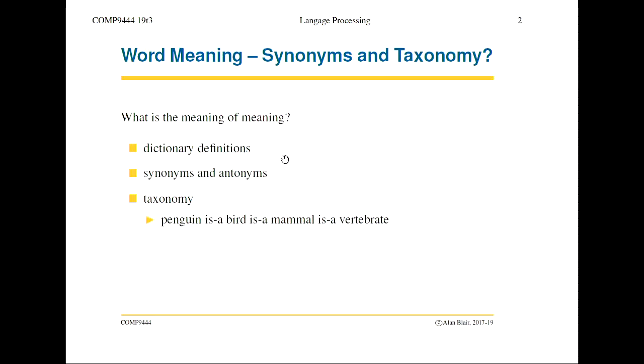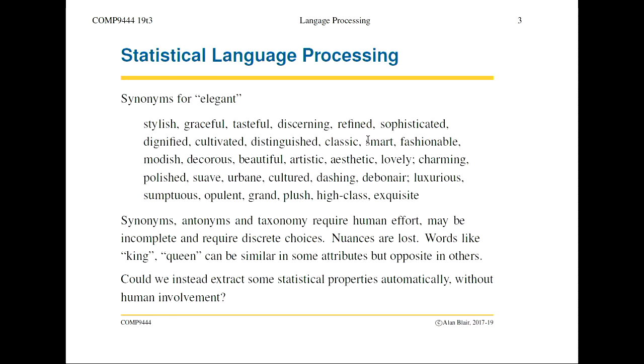These are traditional approaches. Now, what's the drawback with this? The synonyms aren't too bad. These are synonyms for the word elegant: stylish, graceful, tasteful, aesthetic, and so on. That's pretty reasonable. If you had a sentence with the word elegant in it and replaced it with one of these other words, you'd probably preserve the meaning pretty reasonably.